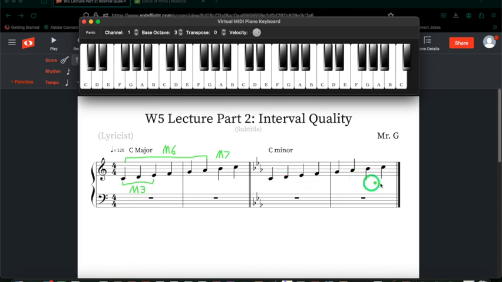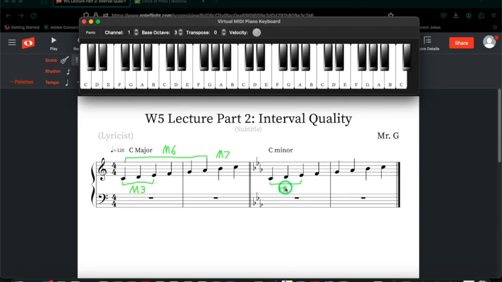It's exactly the same thing with minor. Just for the sake of example, I'll walk you through a couple of these. We'll start with C. And then let's play E flat. E flat, that's still 3 steps away because it's like the 3rd step of our staircase. E flat is diatonic to C minor. So therefore, this distance is a minor third.